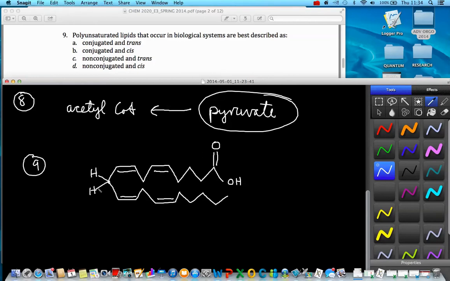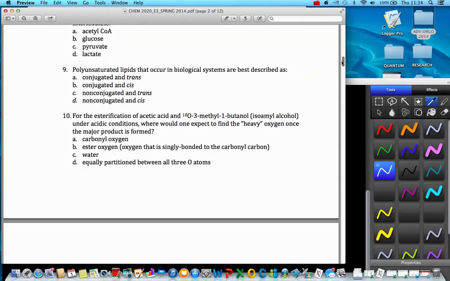And that's why these polyunsaturated lipids are so easily oxidized. So the best answer for number 9 will be D. And for number 8, it was C.